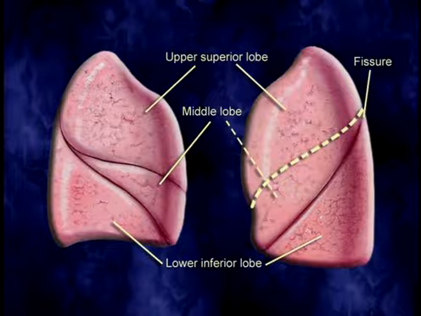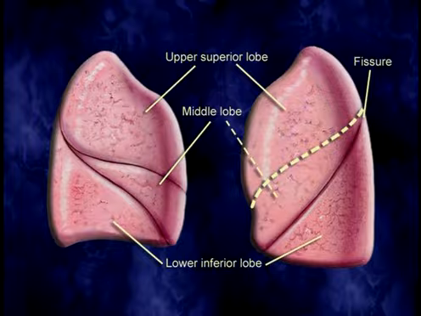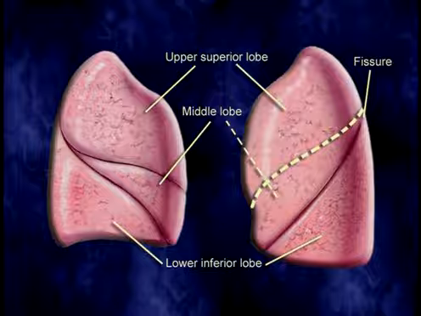When you take them out, you can see where the heart sits and where the aorta sits and where other structures pass right on through. The lobes are also divided into smaller segments, and those segments are named by the bronchi that go to them.